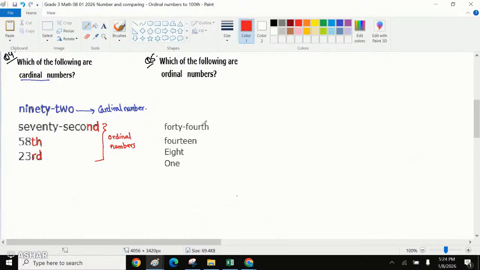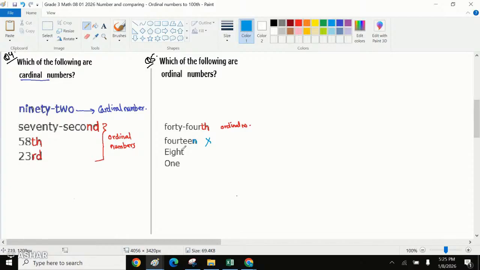So can we say 44th? The number is ending with a th. That means when it's ending with a th, it is an ordinal number. What about the next one? 14. If it had been written as 14th, then it would be ordinal. It's not ending with a th, so this is a cardinal number.